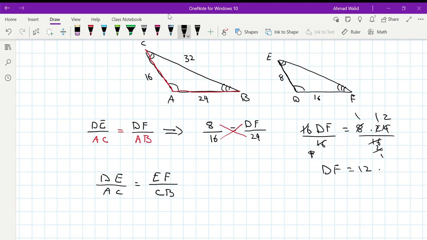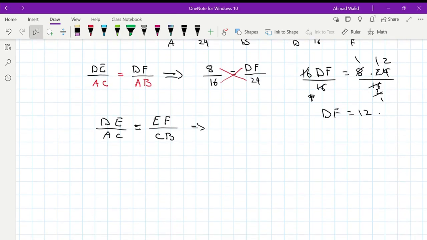The important part is, let me explain to you. If you start with your smaller triangle to write the ratio, if you say DE over AC, then when you put the equal sign, when you want to write the next ratio, you cannot say CB over FE or EF. You have to follow the same order because you start with the small triangle. Next one you should write EF over CB. Correct? That's the only thing that you should focus on. Other than that, it's really easy.